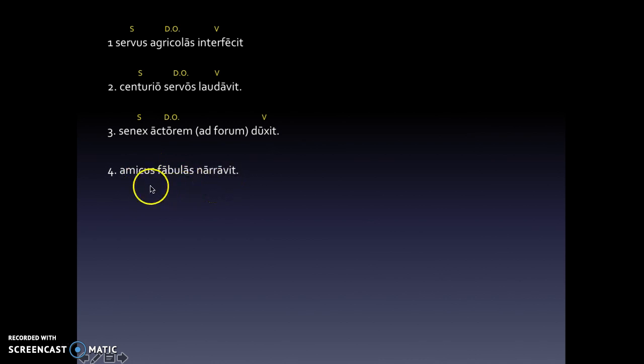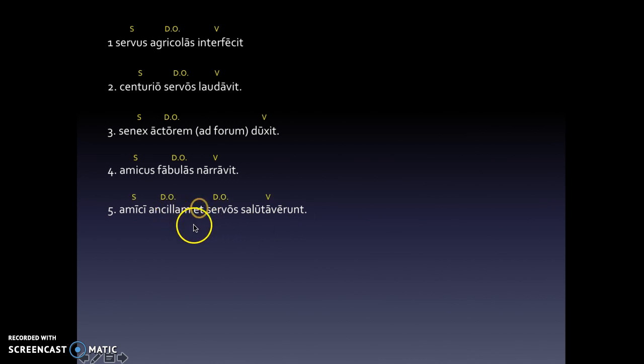Amicus fabulas narravit, singular subject, plural direct object, because it's a plural accusative. Narravit, we've got a perfect tense singular verb. So the friend told stories. Amicae puellam et servos salutaverunt. We've got a connector here. What's it connecting?